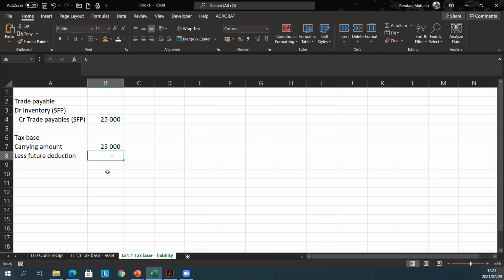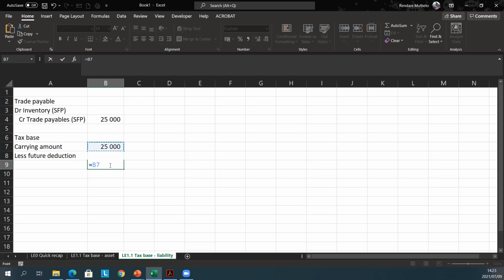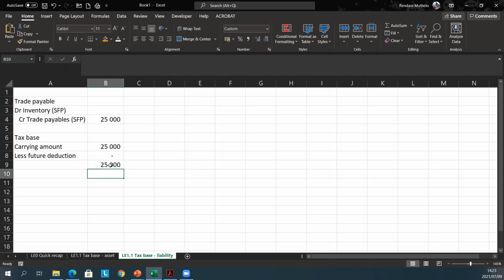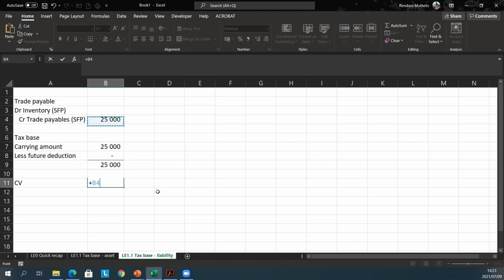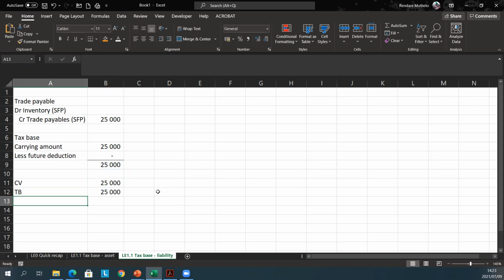As a result, there are no future deductions, so the tax base of this trade payable is 25,000 minus zero, which is 25,000. We've got a carrying amount of 25 and a tax base of 25.